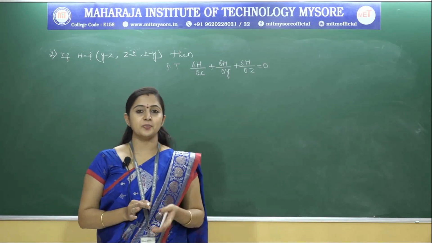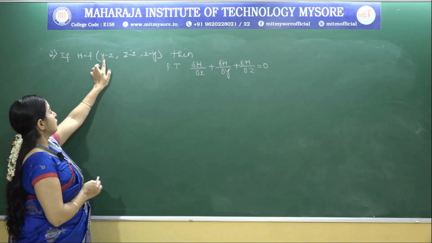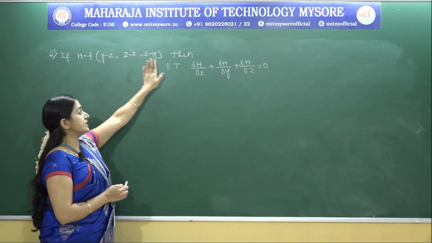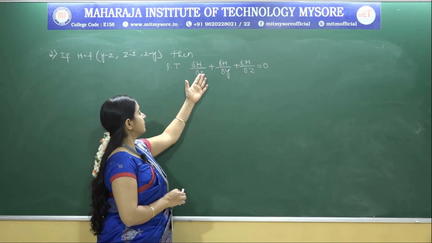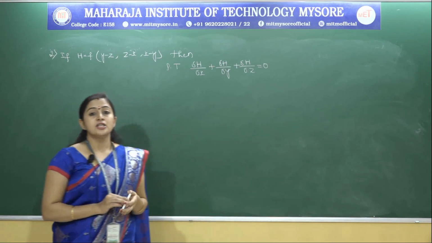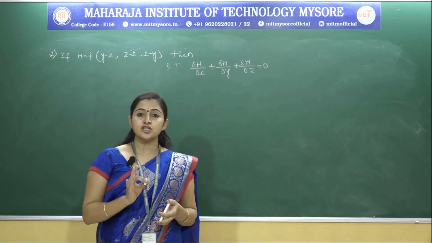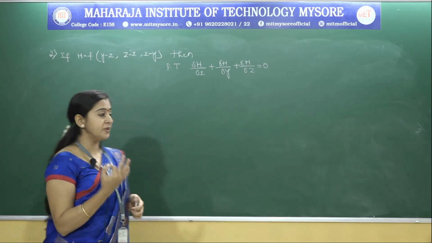So consider the next example. If h equals f of (y minus z, z minus x, x minus y), then you have to prove this: del h by del x plus del h by del y plus del h by del z equals 0. So in this problem, first you consider the given functions in terms of other variables.